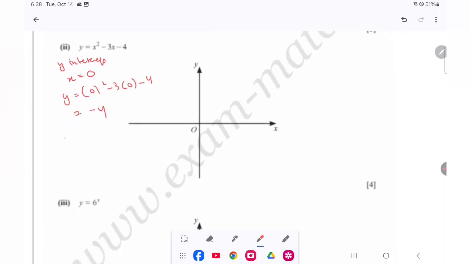And for the x-intercept, y becomes 0, x square minus 3x minus 4.